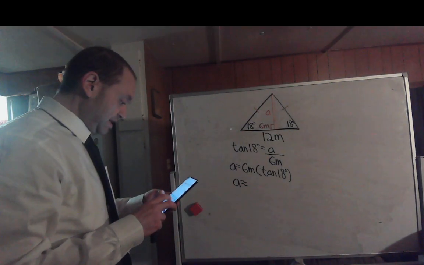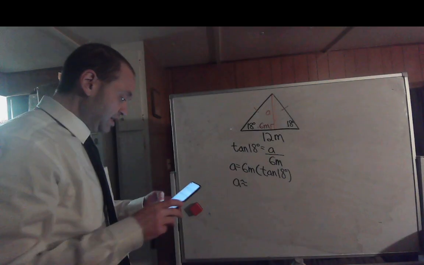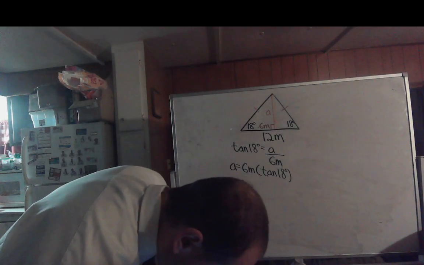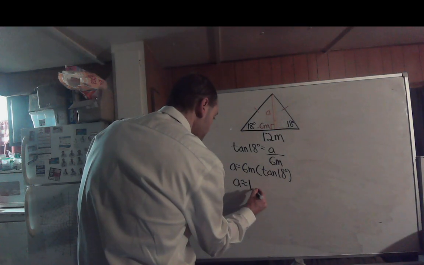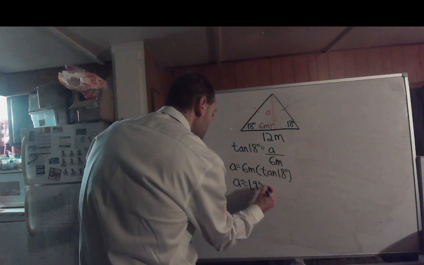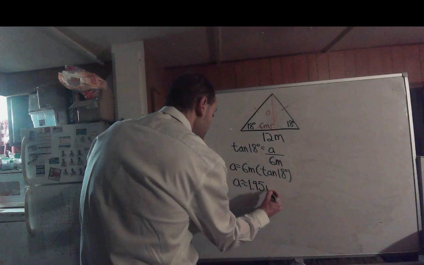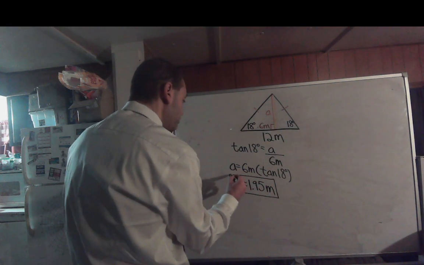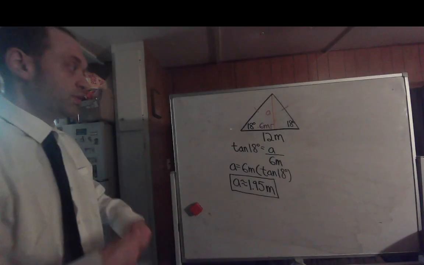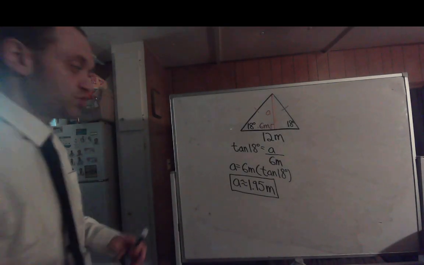So 6 times the tangent of 18, wow, that's a short altitude, gives you about 1.95 meters. So the altitude is approximately equal to 1.95 meters. That was a short altitude.